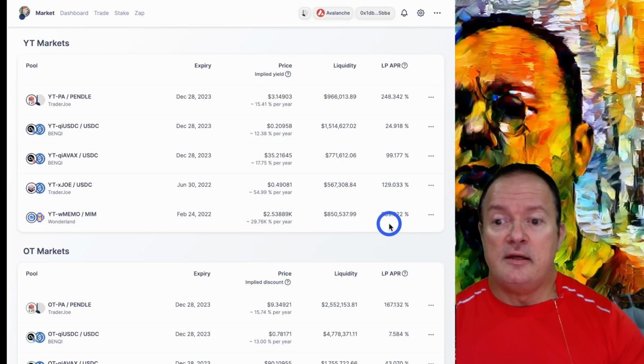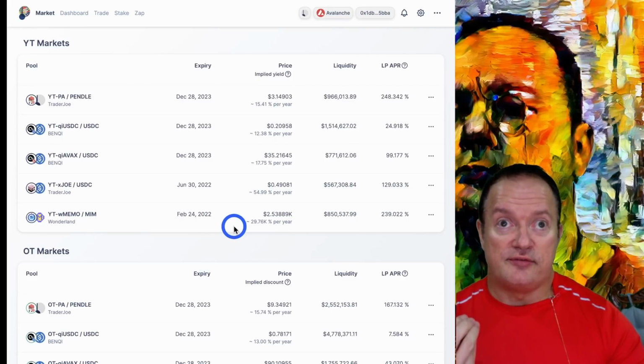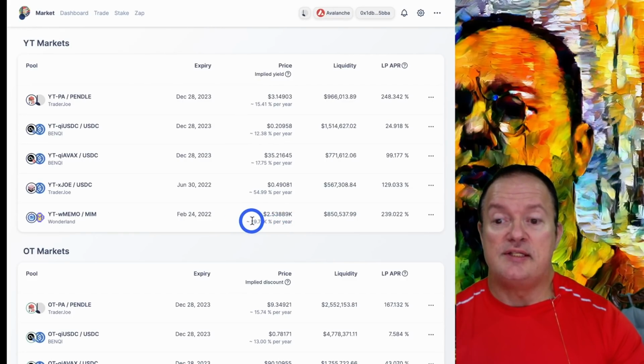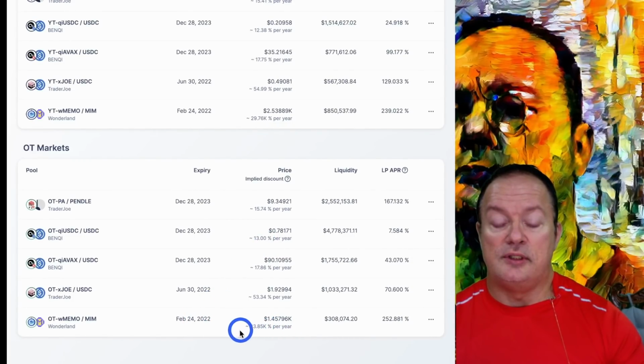Okay, all right. So in here, you have the rate that you're expected to earn from the protocol itself, from the Wonderland protocol. So on this token, you're going to earn 29,000%. And on the OT, you're going to earn 35,000%.